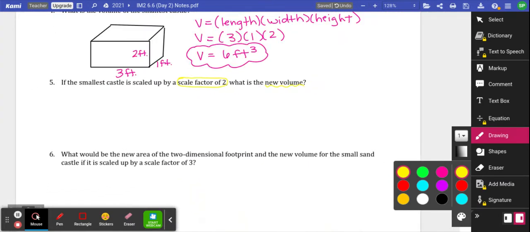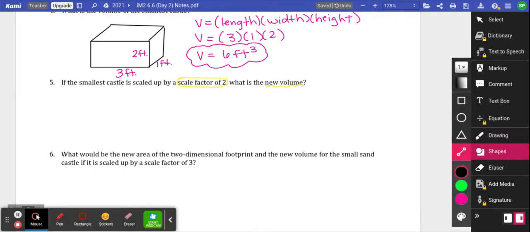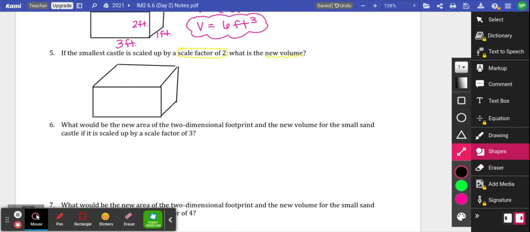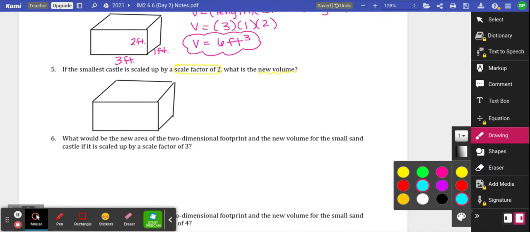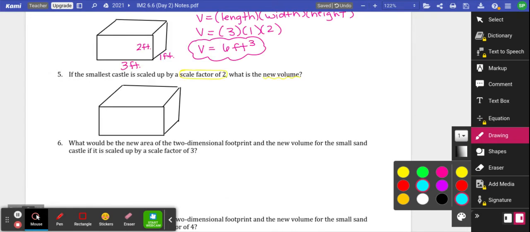Okay, so let's see if something similar happens to the volume as what happened to the surface area. So I'm going to make one more quick drawing here. So let's draw this rectangular prism once more. Okay, so here it says that our scale factor is once again going up by 2.